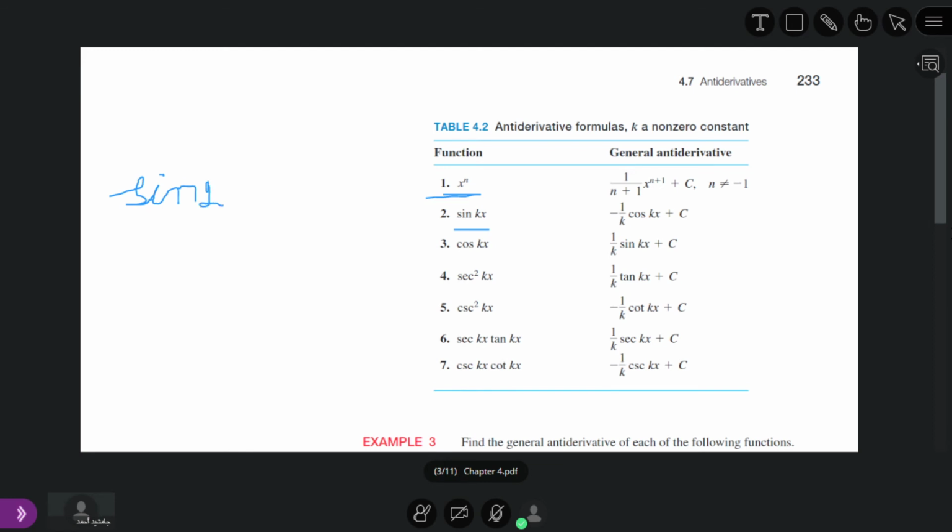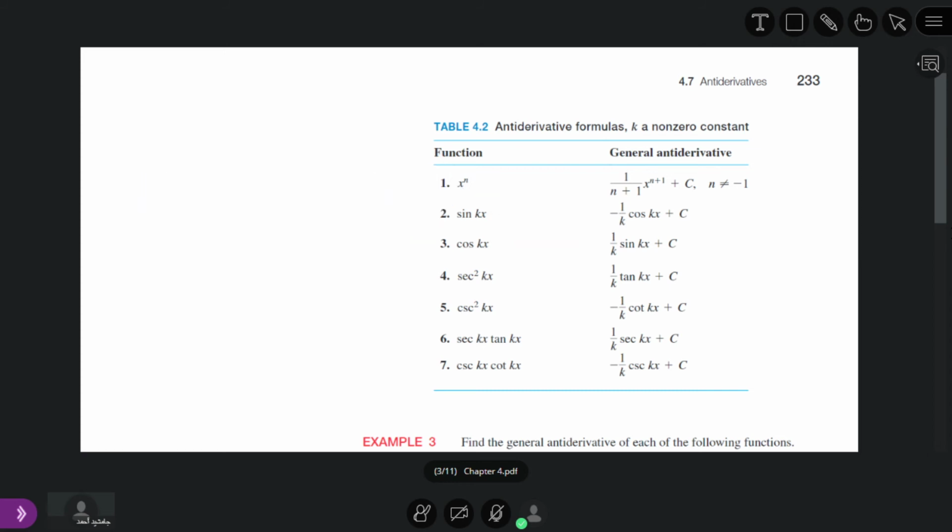Minus cosine 2x divided by 2 plus some constant.